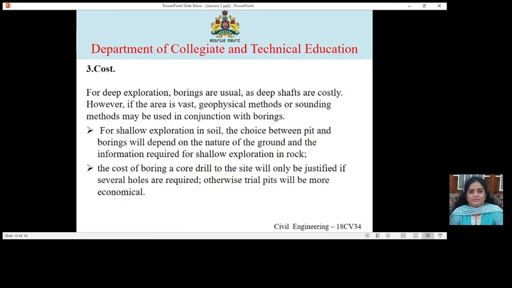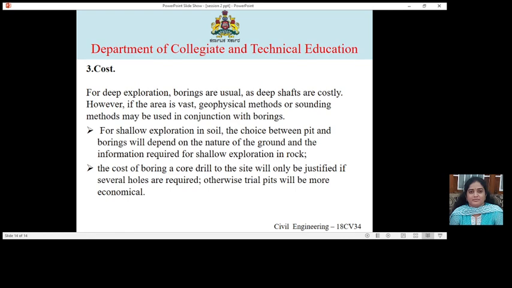And the last one is the cost of the method. For deep exploration, borings are usual as deep shafts are costly. However, if the area is vast, geophysical methods or sounding methods may be used in conjunction with the borings. For shallow exploration in soil, the choice of pits and borings will depend on the nature of the ground and the information required.